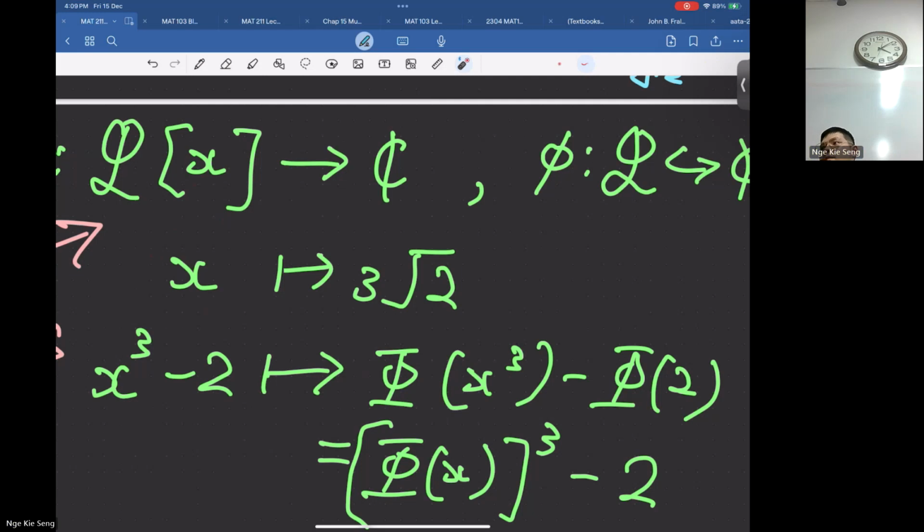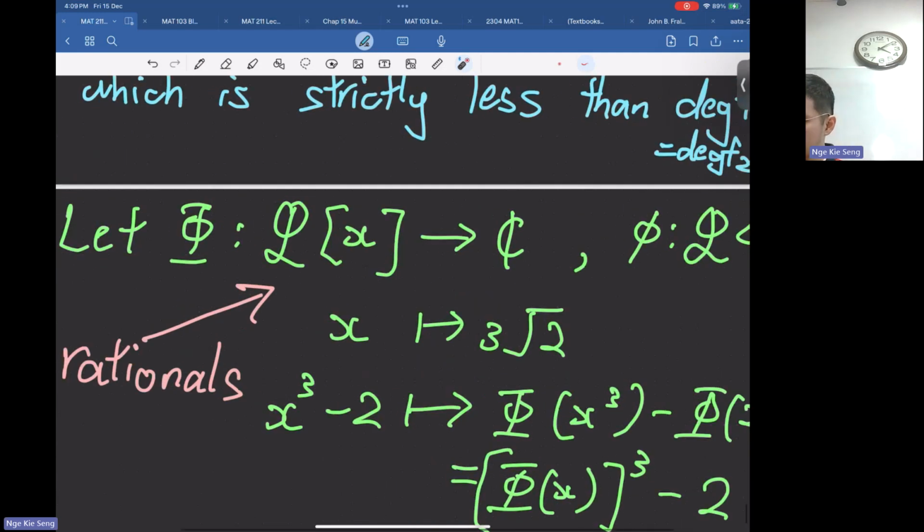X is just x. For this example here, we want it to be cube root 2, then we substitute cube root 2 for x in every polynomial. So we just study a general polynomial in x.